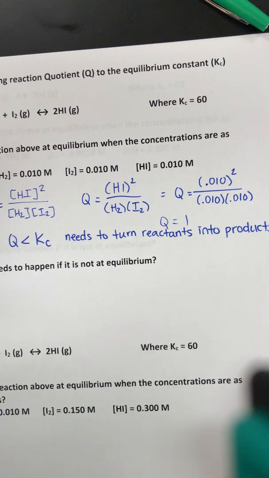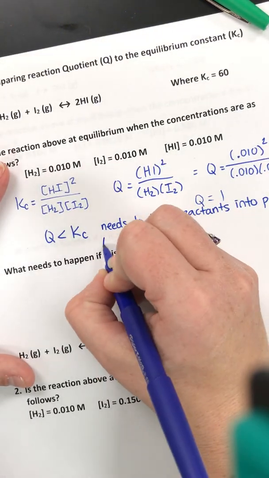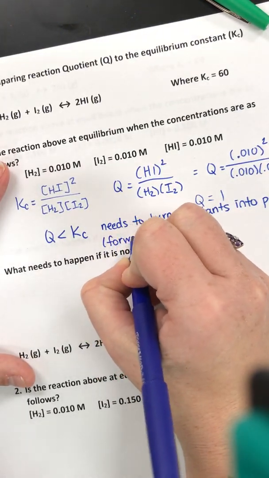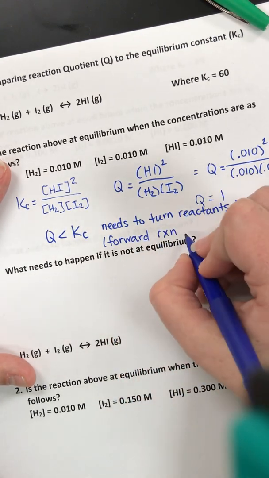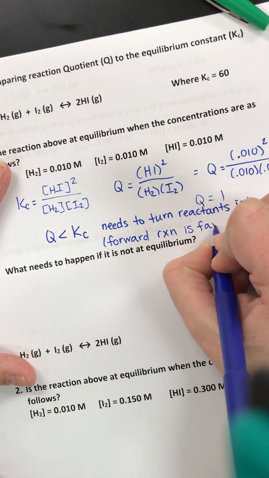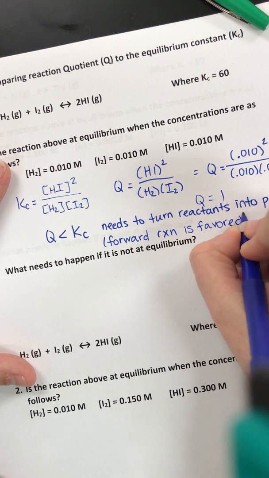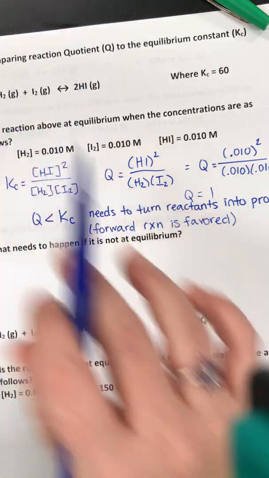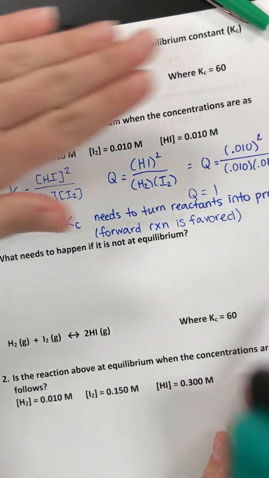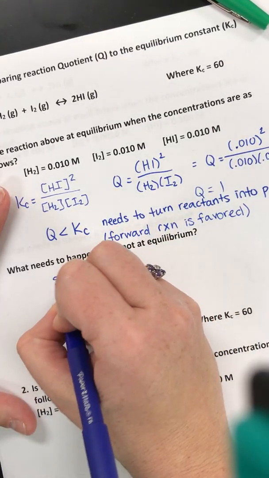So basically, the forward reaction is favored. That's my abbreviation for reaction. Okay, so if I am favoring the forward reaction, the shift is to the right.